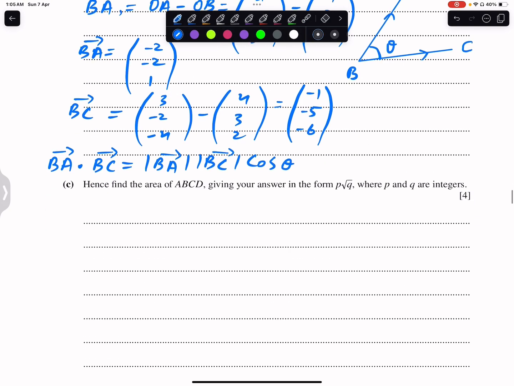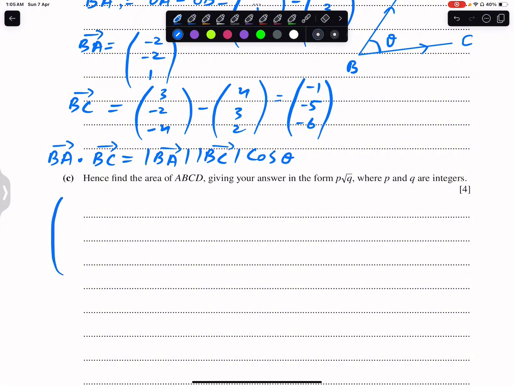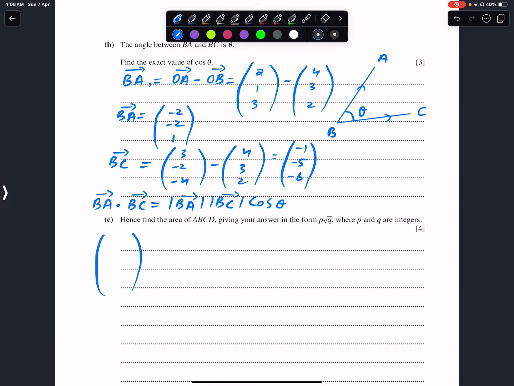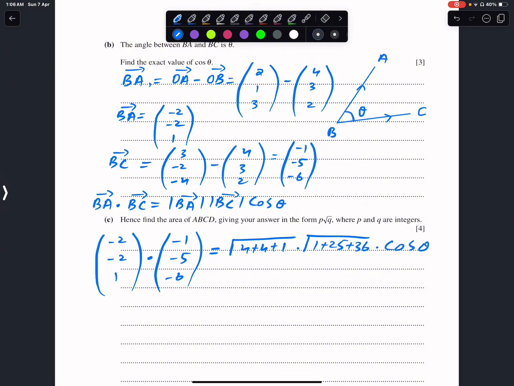So let's write BA -2, -2, 1, and then dot product of -1, -5, and -6 is equal to the magnitude of BA, which is root of 4 plus 4 plus 1, times the magnitude of BC, which is root of 1 plus 25 plus 36, times cos of theta.